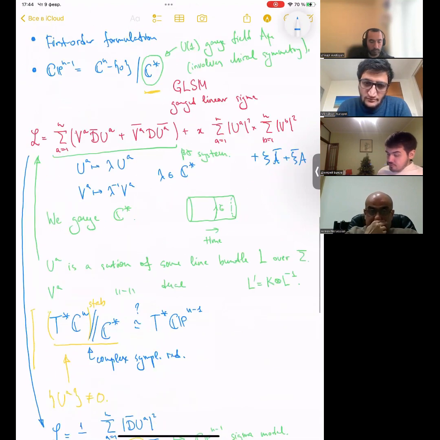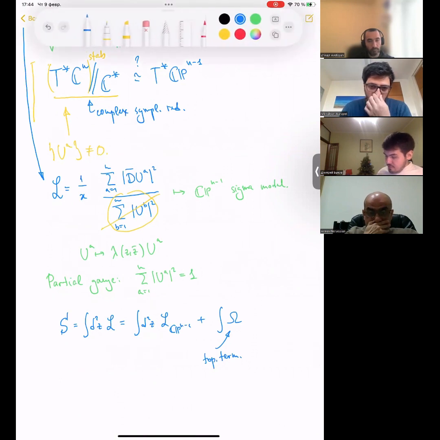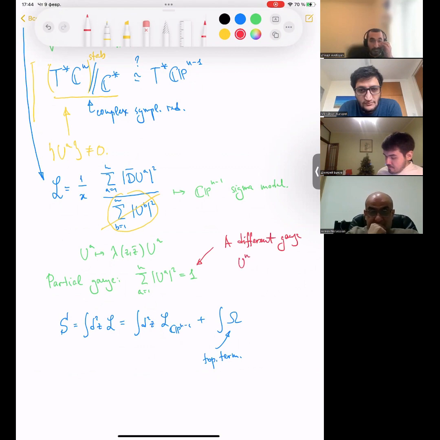You could, of course, instead of picking this gauge, pass to inhomogeneous coordinates. This would be a different gauge, and then you get the action in the inhomogeneous coordinates.